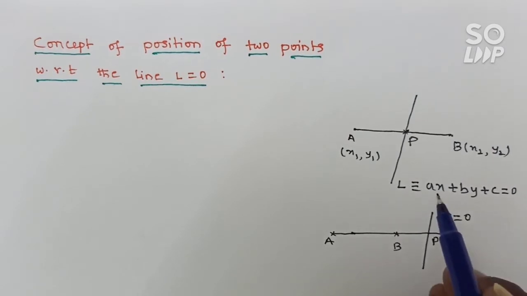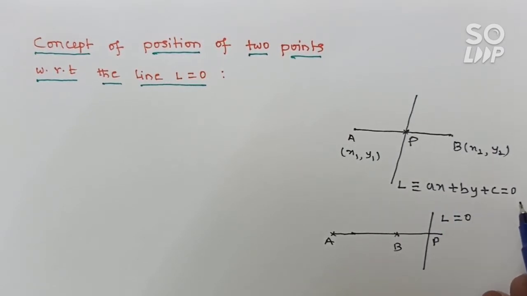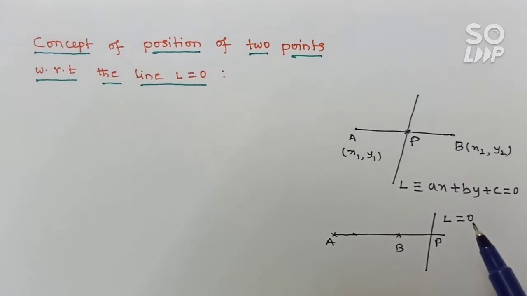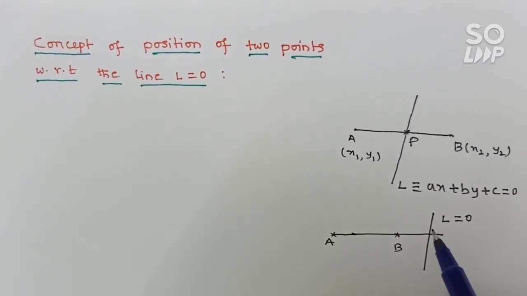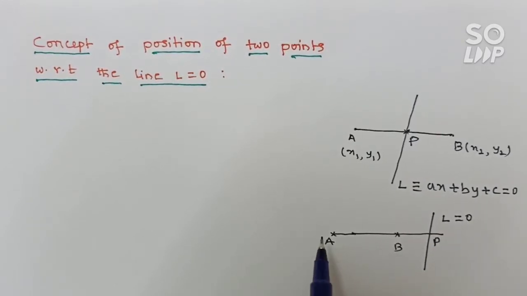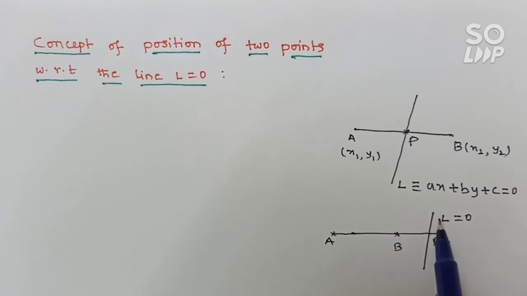L equals 0 means ax plus by plus c equals 0. Right? So this is according to the division of the line segment AB by the line L equals 0.